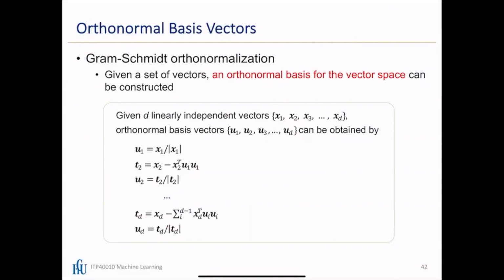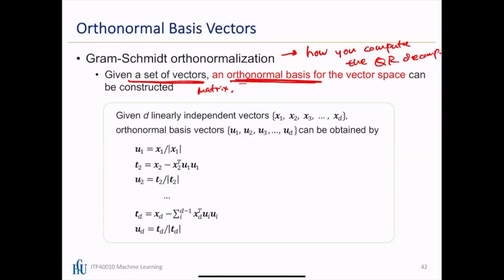Gram-Schmidt orthonormalization is how you compute the QR decomposition. Given a matrix, a set of vectors, you want to find the orthonormal basis for the vector space.